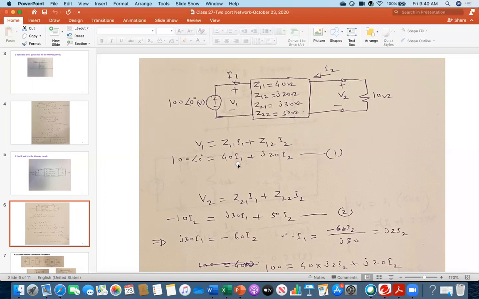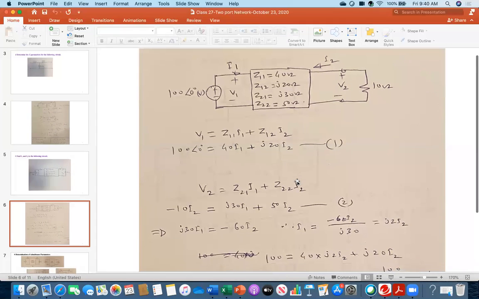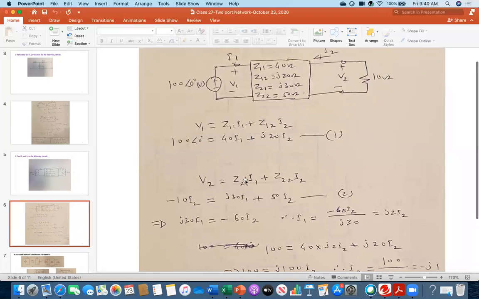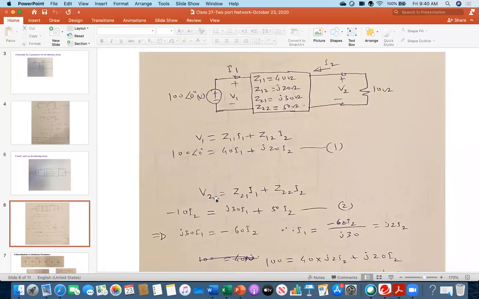I can see the variables I1 and I2, which I have to find. Write down the other equation: V2 equals G21 multiplied by I1 plus G22 times I2. Now plug in those things. What is V2? The 10 ohm was given, so 10 multiplied by I2.